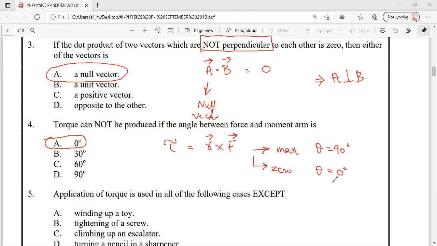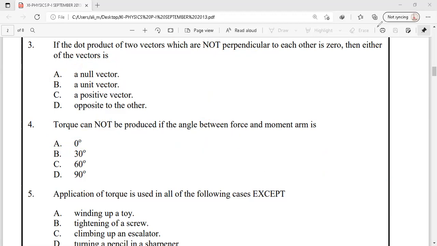This means that R and F are in the same direction. So torque is not produced means torque is equal to 0. Torque 0 है, इसका मतलब है कि R and F are parallel, either they are in the same direction or they are opposite to each other. So option A is the right answer.